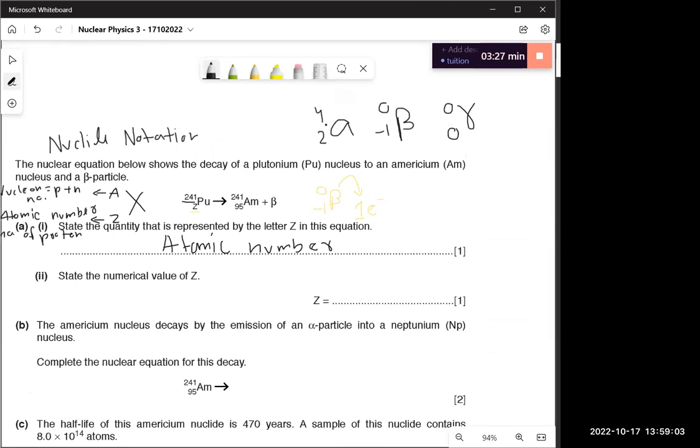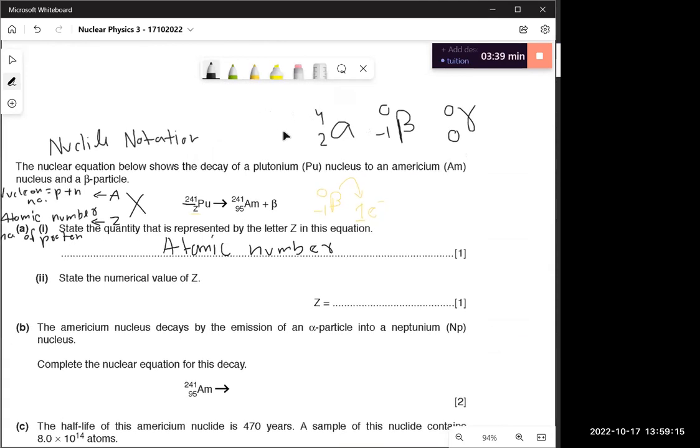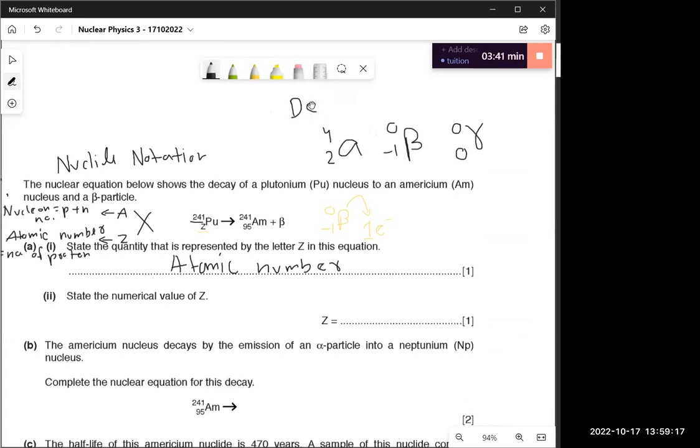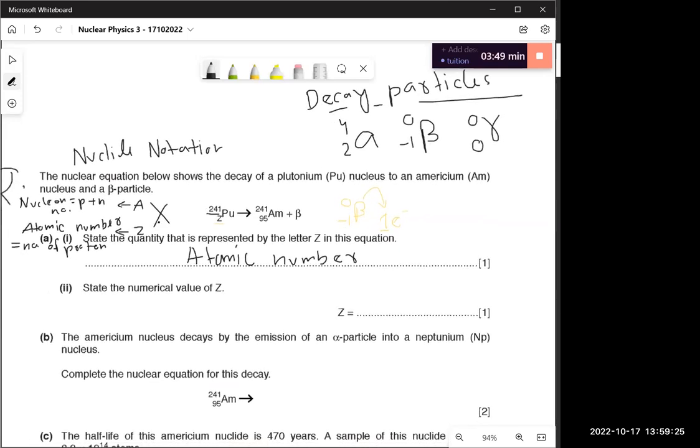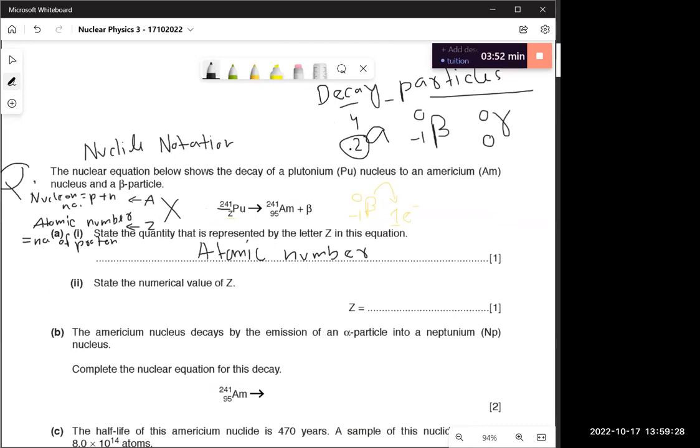Neha, tell me, how many protons does an alpha particle have? Two, sir. Write this in your notebook as well: decay particles. How do we know the number of protons? Because the Z, the number below, is always the number of protons, which is 2.